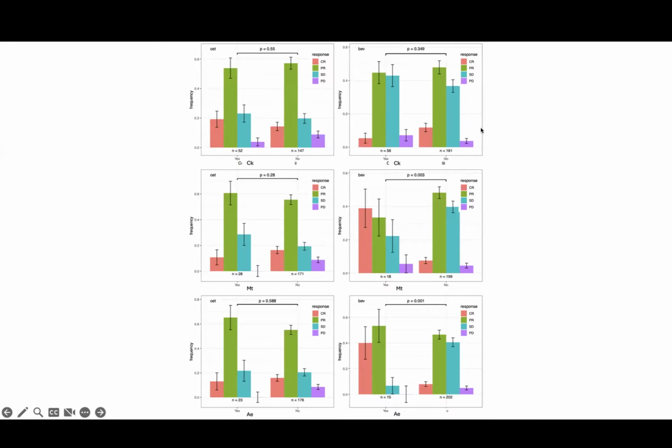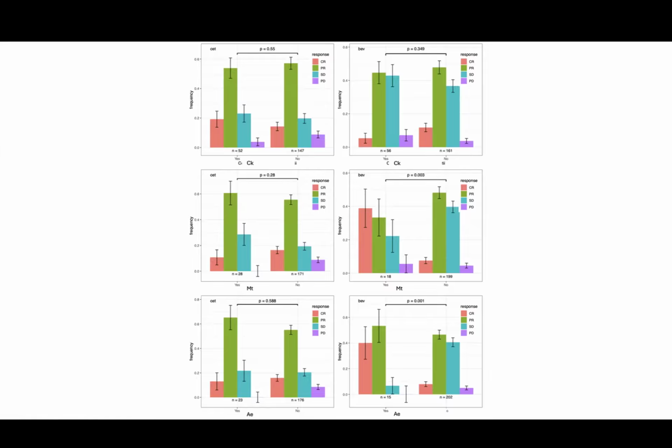And what you see here is on the top level with CK, there's not a lot of difference between the left, which is cetuximab, and the right, which is bevacizumab. But if we look down at MT, in the bevacizumab, but not the cetuximab, there's a really compelling difference in complete response between those who have the bacteria and those who don't.